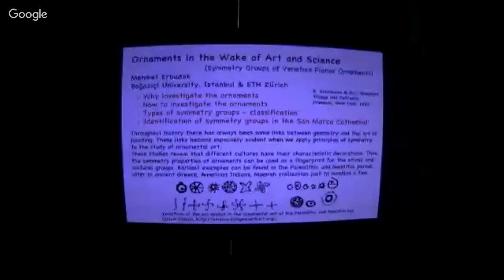Throughout history, we have seen that ornamental art goes hand in hand with geometry. And this applies not only to ornamental art, but also to paintings and all kinds of art, which rely on geometry. Geometry is very important. When we study the ornaments, we also learn about the ethnic groups who produce these ornaments.